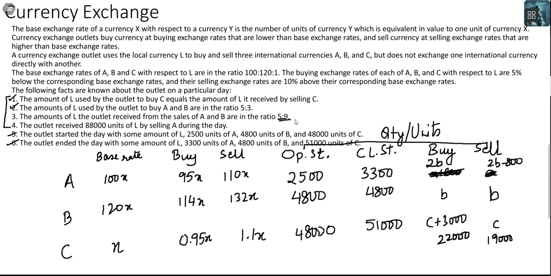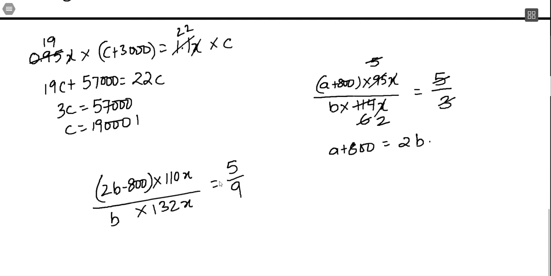Let me just check if I have recorded it correctly. 5 by 9, B into 132x. Yes, everything is fine. So this cancels out, gives me 5. This cancels out, gives me 6. 5 and 5 cancels out. This cancels out to give me 2, this cancels out to give me 3.